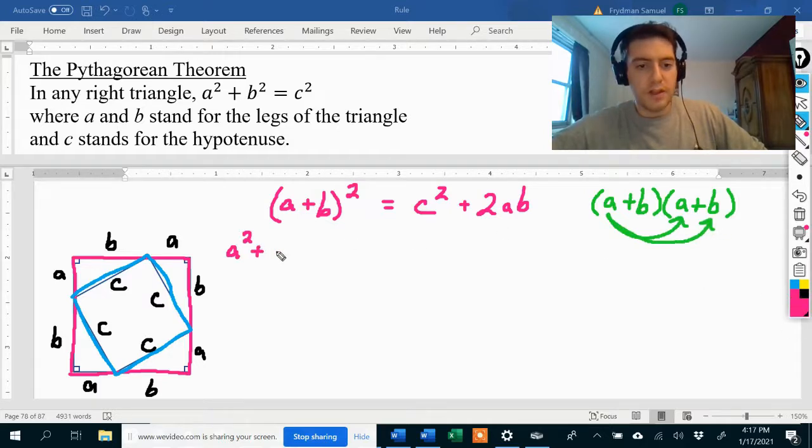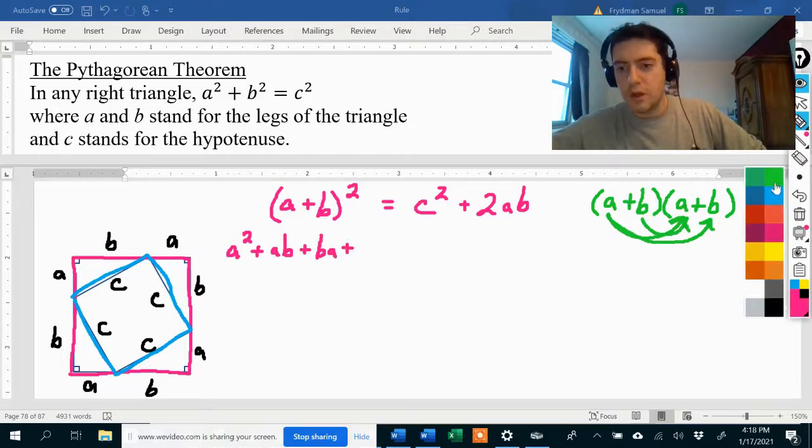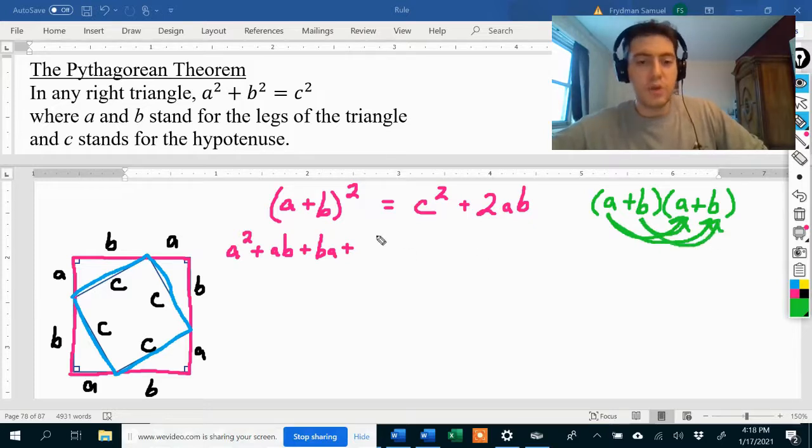So now I have a² + ab. Next, I have b times a, so I can write that as plus ba. Plus, the last combination to make is b times b, which is b squared. Oh, I was doing so well.